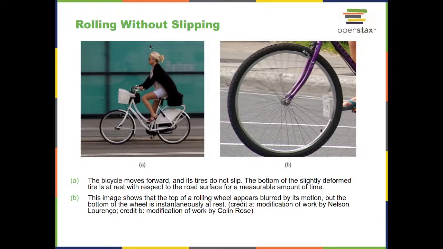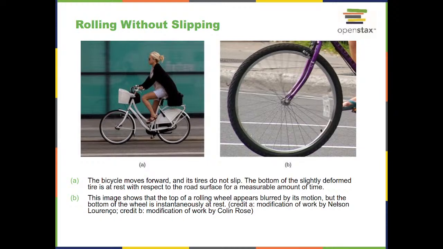You know what rolling without slipping is. There's no slipping at the contact point with the ground. We're going to treat that in a little bit of detail because it's a good example of combining angular and translational motion. And the next step is we're going to turn it into a discussion of angular momentum.